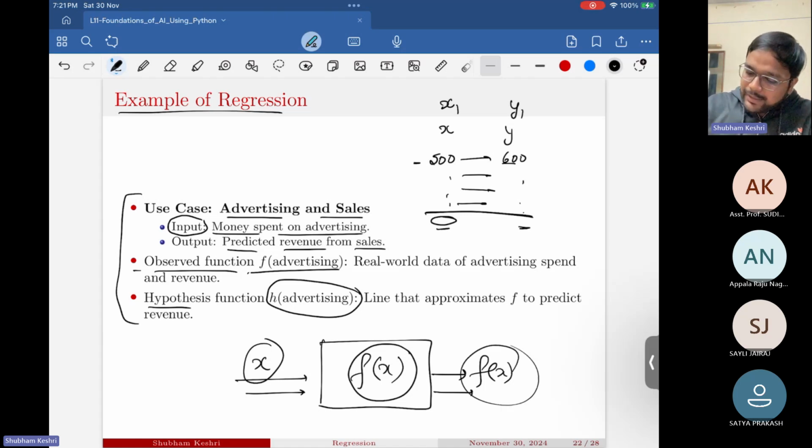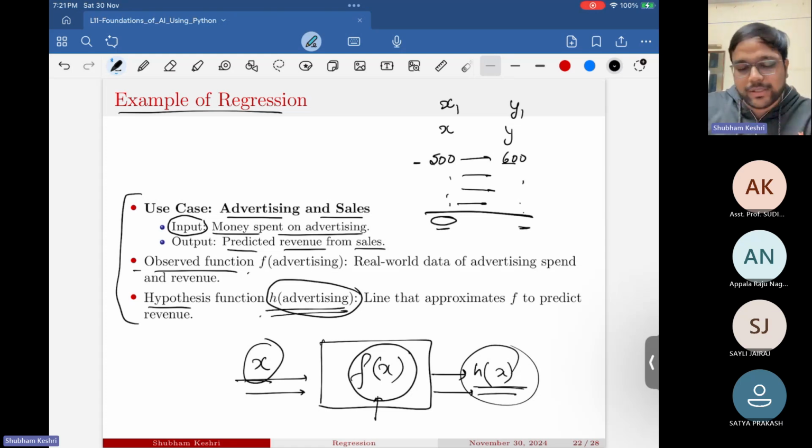So over here as well, given an input, we don't know the exact function, we are trying to get this h. This is a hypothesis function. We are saying this is what my prediction is. We will obtain this function, we will not know what this function is, and that is how we obtain the data. We don't know the exact relationship between input and output, we're trying to obtain that relationship using machine learning. Okay, a line that approximates function x to predict the revenue.